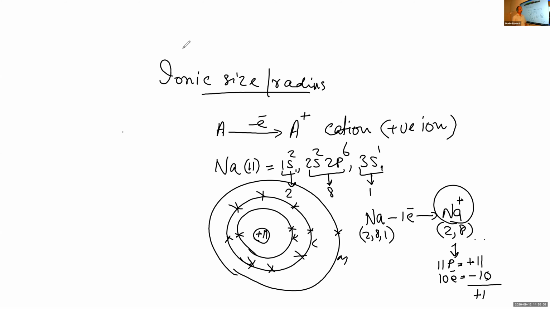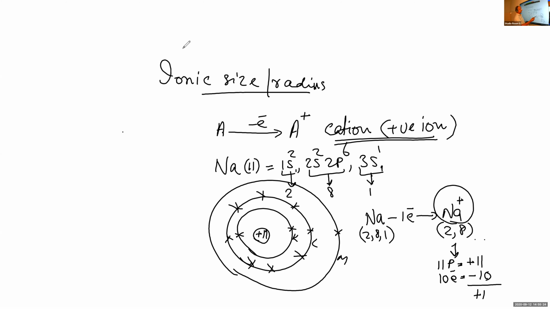So, a positive ion or cation is formed by the loss or removal of electrons. Corresponding to the number of electrons lost, the number of positive charges also increases.